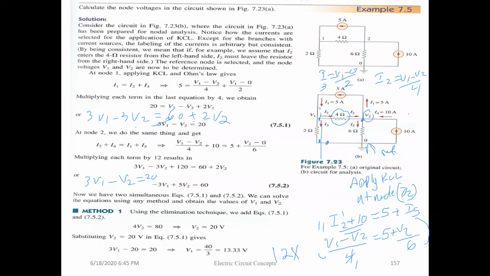If we move the V2 to the other side, it will be negative, so it will be 3V1 minus 5V2 equal to 60.